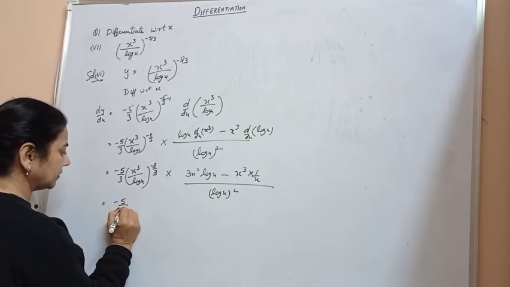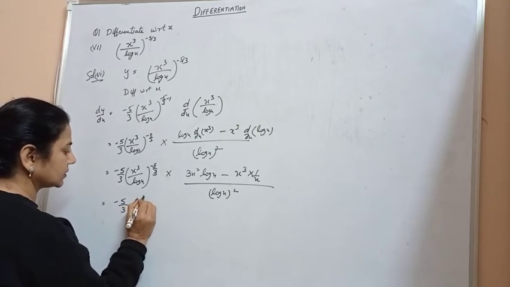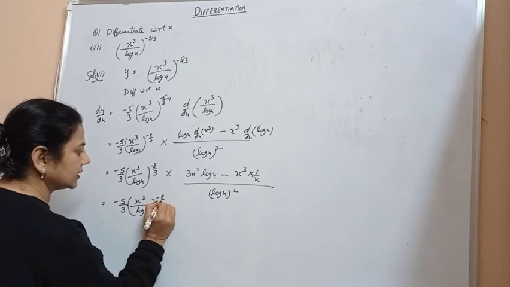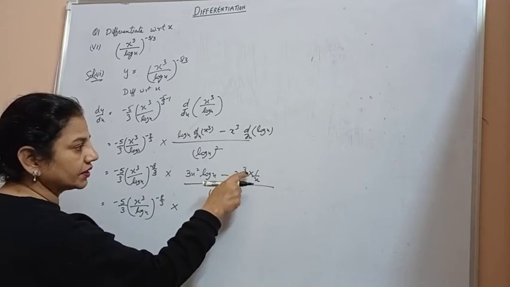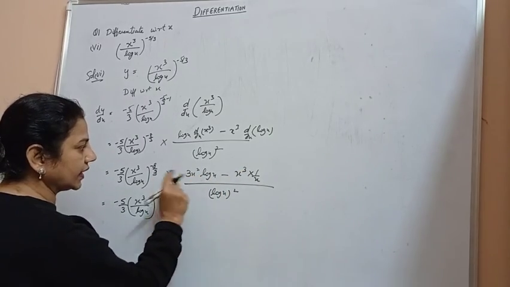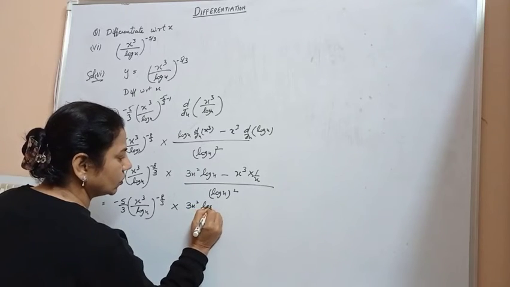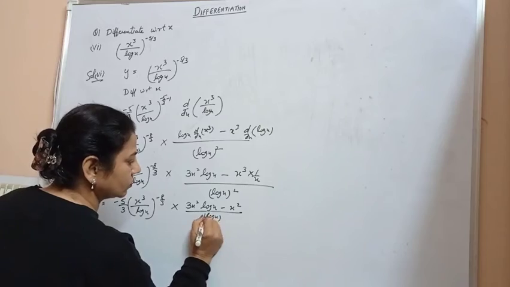Again minus 5 by 3 (x cube upon log x) whole to the power minus 8 by 3 into, see, x cube and x cancel out, remains with x square only, and I can take x square common. So we have x square (3 log x minus 1) upon (log x) whole square.